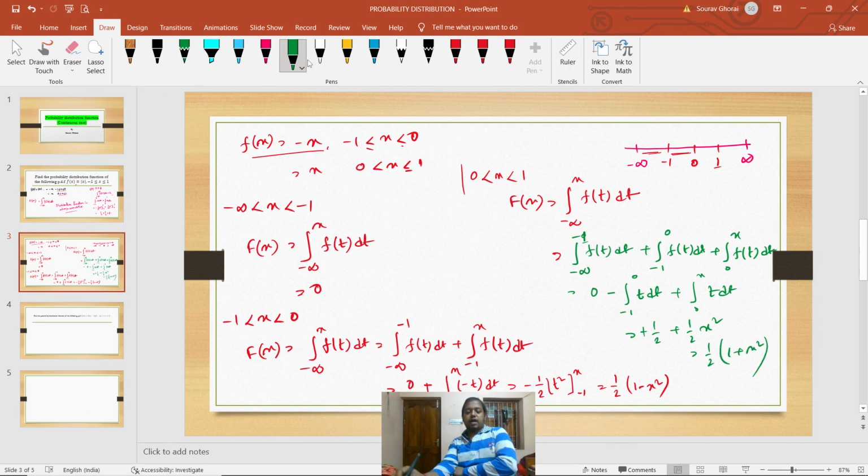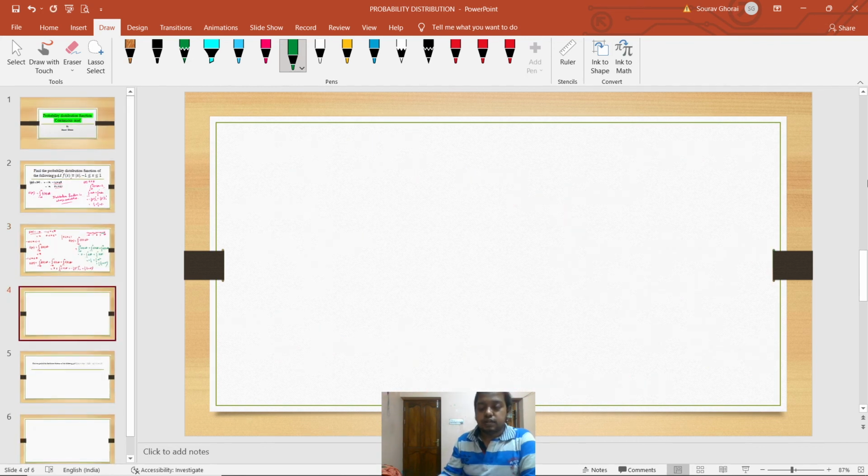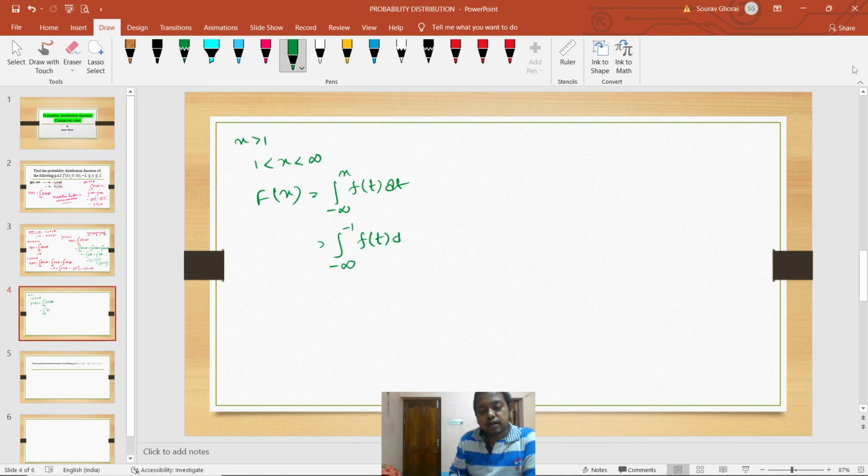At the last we have to find it for x greater than 1. How can we find it? When x is greater than 1, or 1 less than x less than infinity, F of x must be of the form: the integral from minus infinity to x of f of t dt. We can write it as the integral from minus infinity to -1 of f of t dt, plus the integral from -1 to 0, plus the integral from 0 to 1, plus the integral from 1 to x of f of t dt.